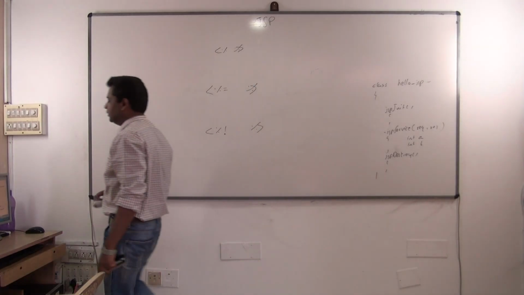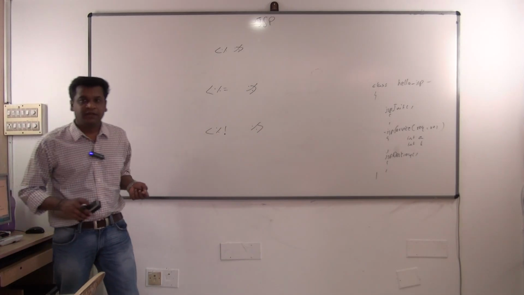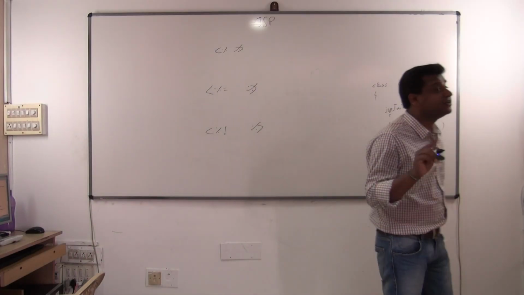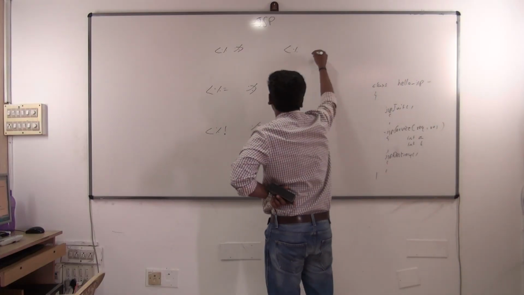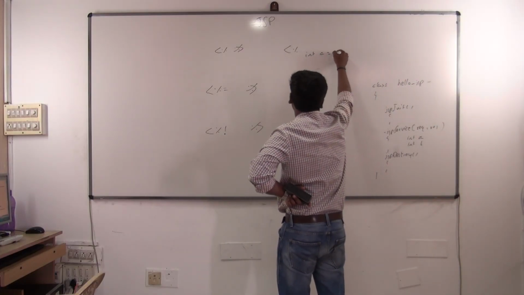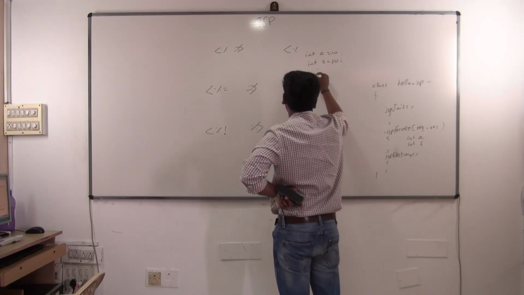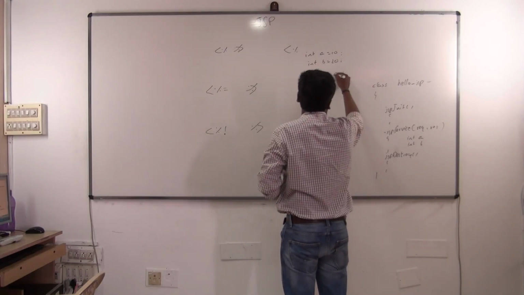You are using a scriptlet to write Java statements, no? And all your statements should end with a semicolon, yes or no? So when you're writing a scriptlet, for example, int a is equal to 10, int b is equal to 20, int c is equal to a plus b.